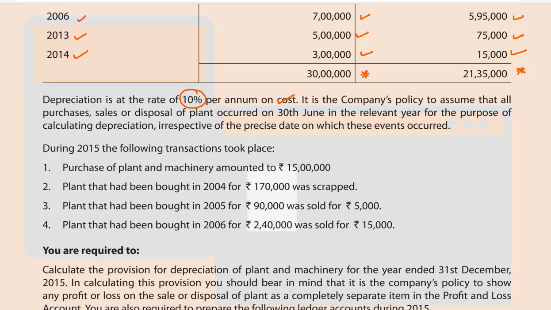During 2015, the following transactions took place. First, purchase of plant and machinery amounted to 15 lakhs. Second, plant that had been bought in 2004 was scrapped for 1,70,000.